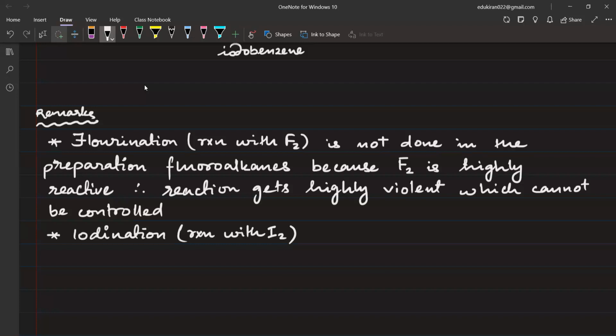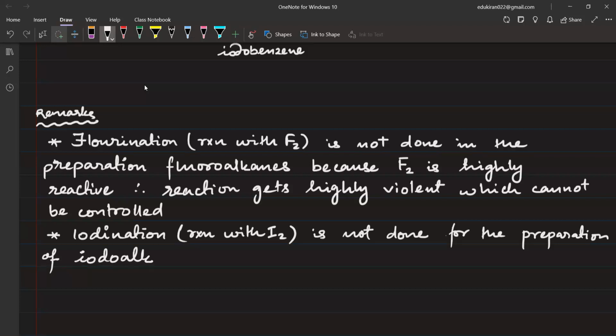Reaction with I2 is not done for the preparation of iodoalkenes, because I2 is unreactive and very slow.